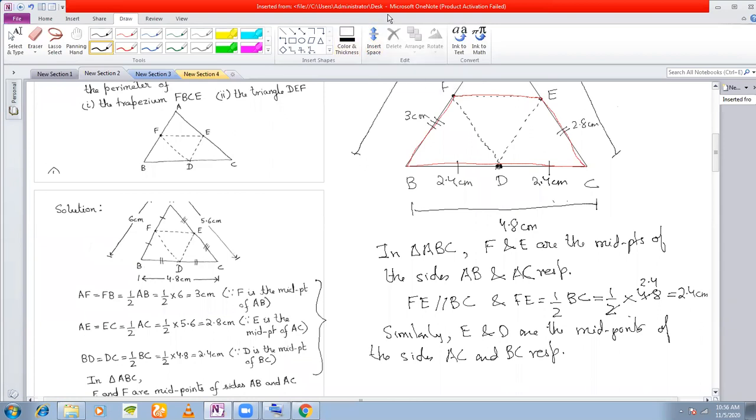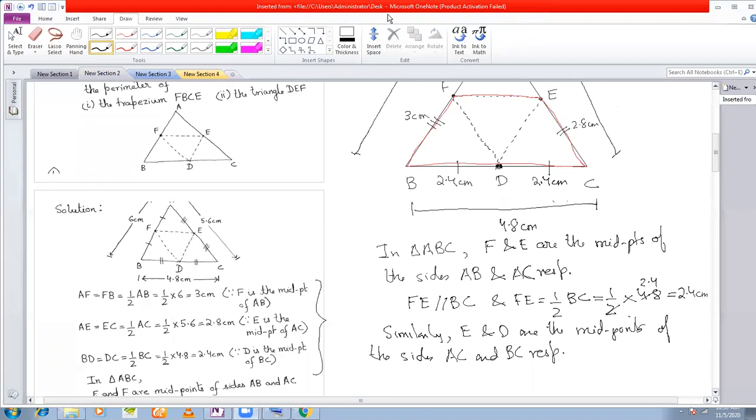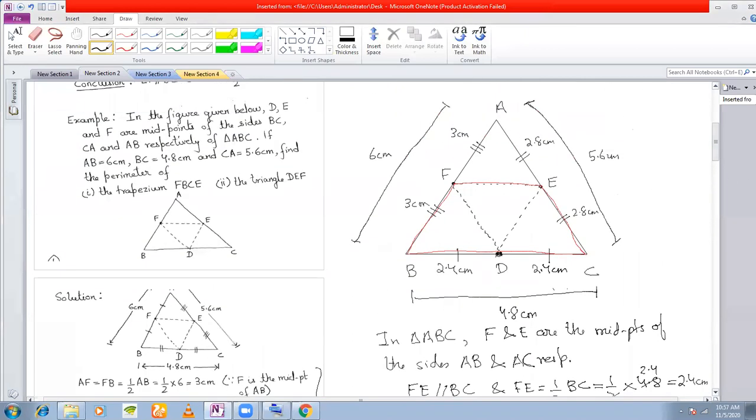Who can tell me what you can conclude? Devdatta, tell me if you can hear me. Yes, sir. Say, what can you conclude? Try at least. This is your diagram. Now see.